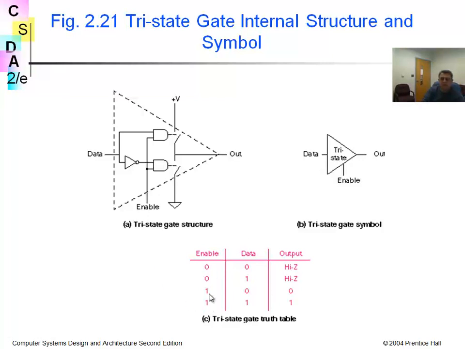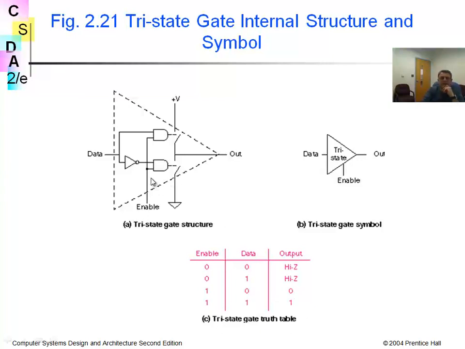Enable is 0, data is 1, still nothing goes on. If enable is 1, data is 0, that 0 is output. Enable has to be 1 to get the data out. When enable is 1, data and output are exactly the same. Whatever is in that line comes out.